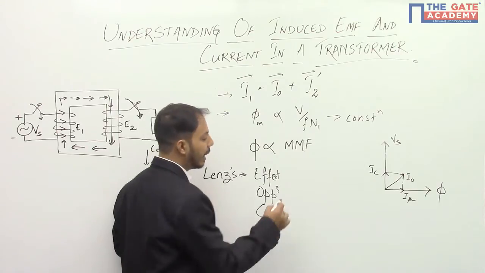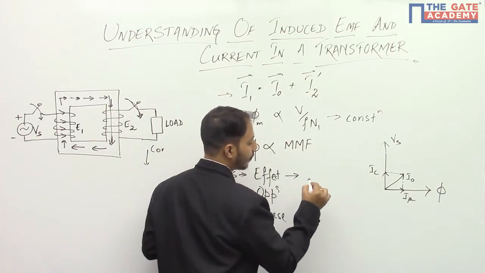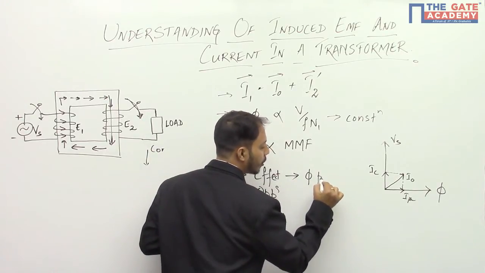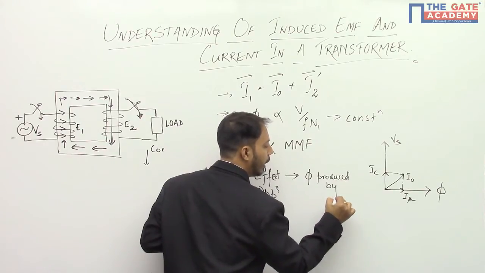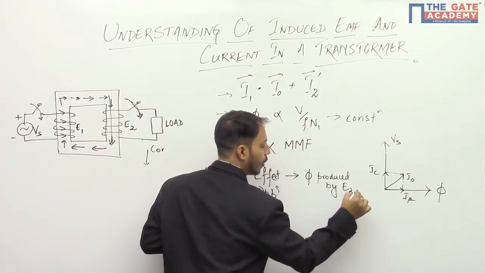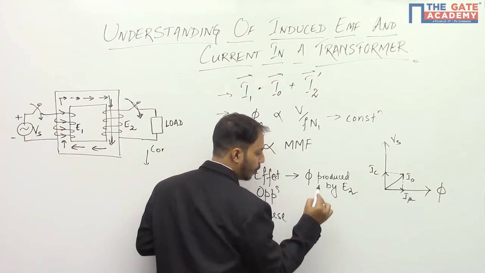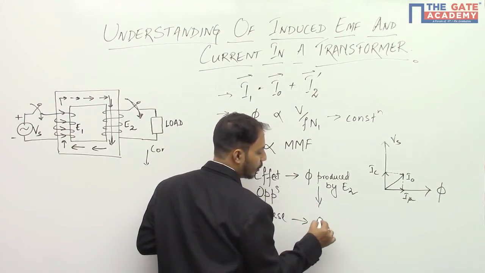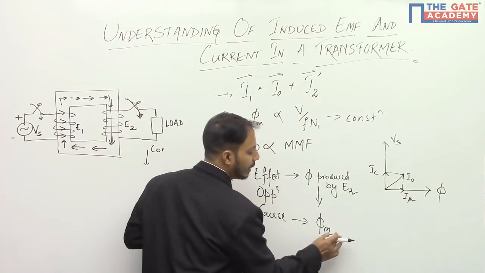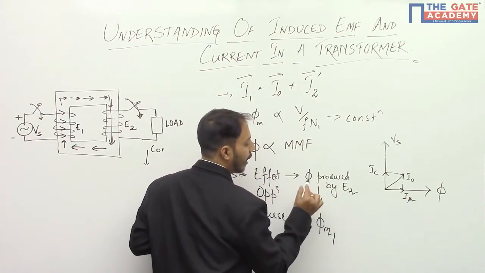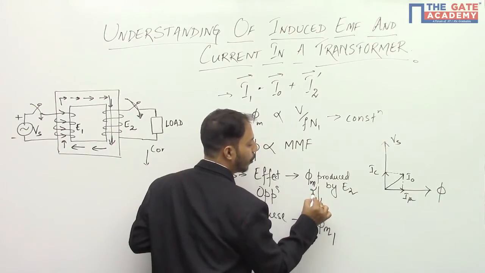Okay, so here the effect is the flux produced by induced EMF. This should oppose whom? The magnetizing flux which is produced, or let me say this is phi m1 and let me say this is phi m2.